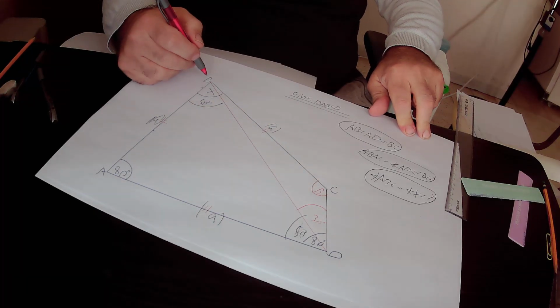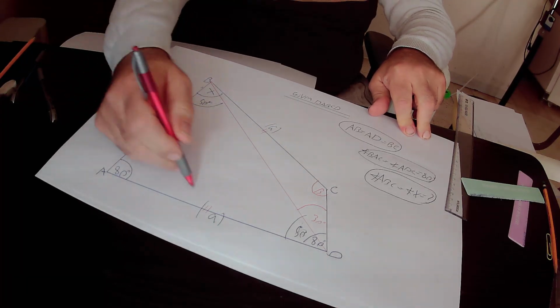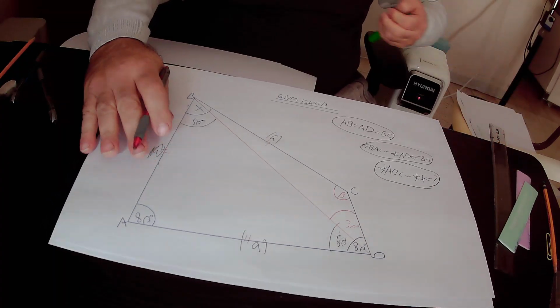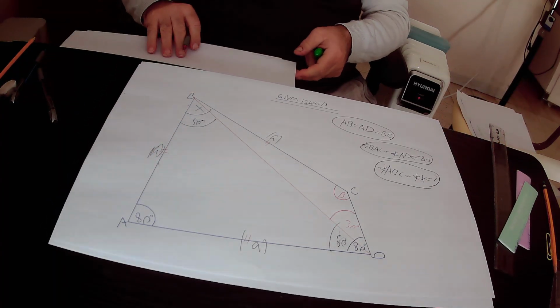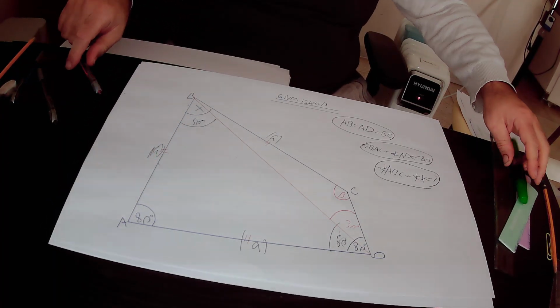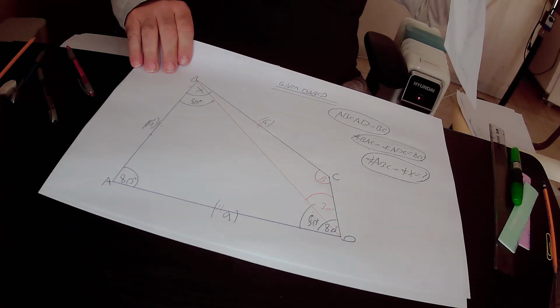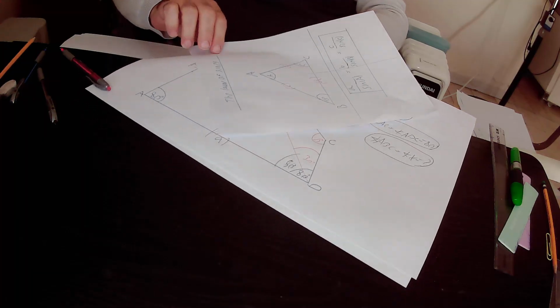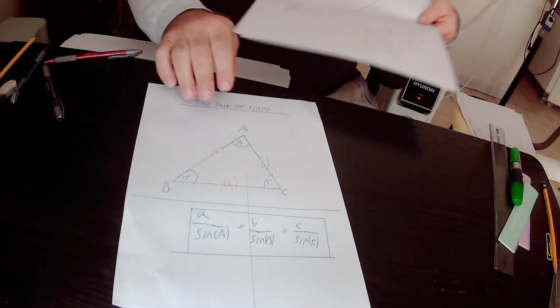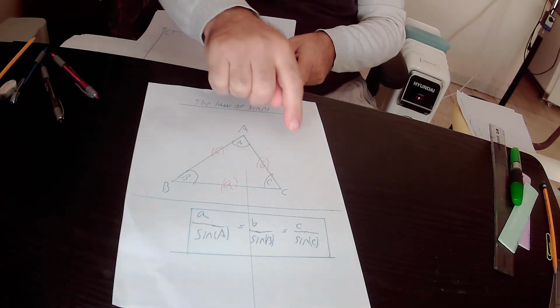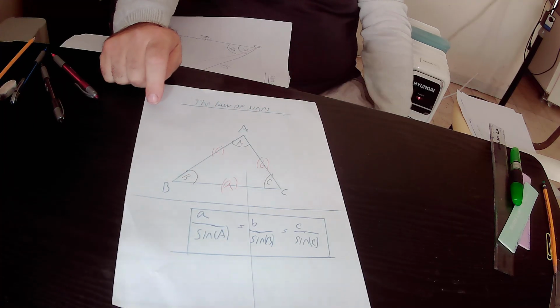Actually, we will implement the law of sines in this triangle. Let's quickly review the law of sines. The law of sines is true in any triangle. This is triangle ABC, which could be any triangle.